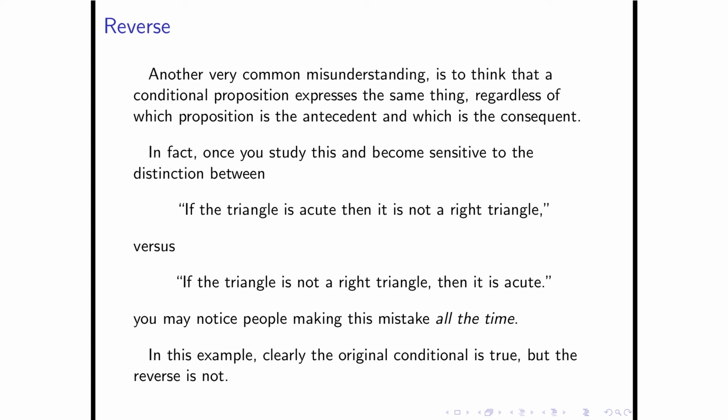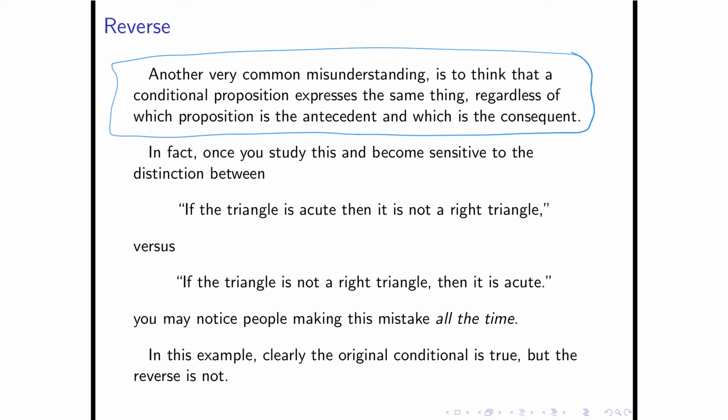Now let's move on to another very common mistake, although this one is different from before. It is the mistake of thinking that the conditional sentence basically says the same thing no matter which is the antecedent and which is the consequent, right? If you swap things around, it would be the same claim.